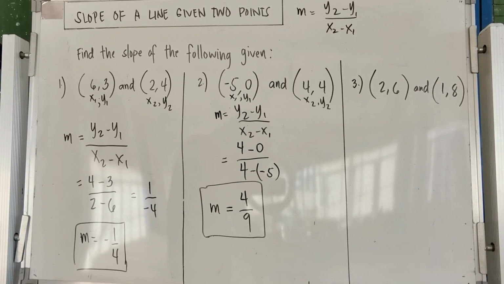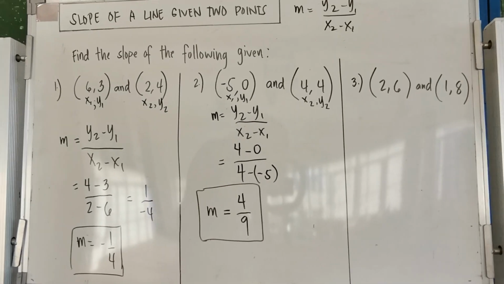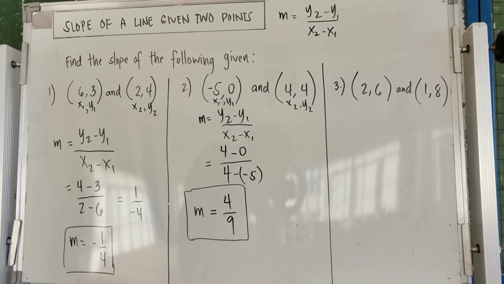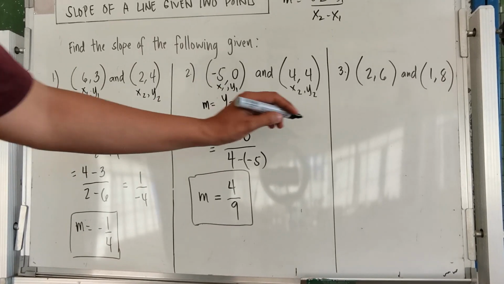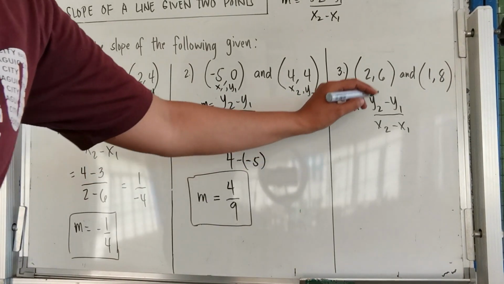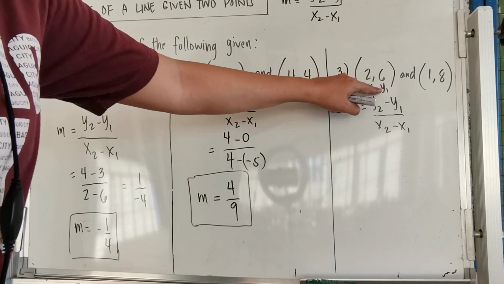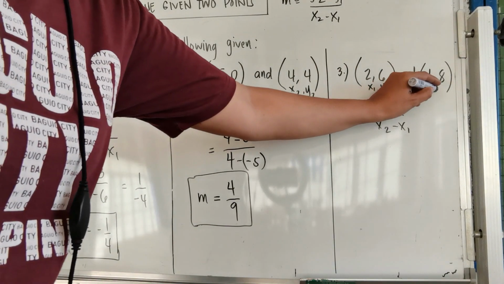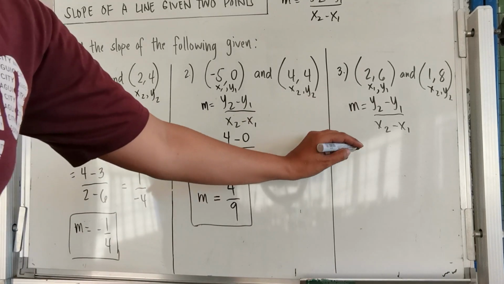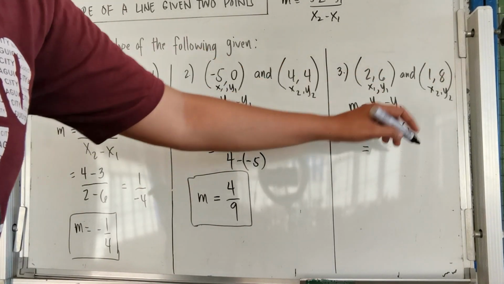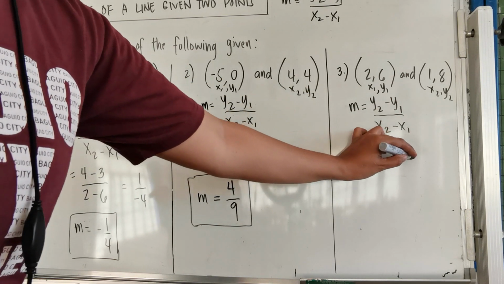Okay, for our number 3 example, we have 2, 6, and 1, 8. Okay, so we have the given formula. So we have x sub 1, y sub 1. And napapansin nyo, paulit-ulit lang. Then x sub 2, y sub 2. So we have y sub 2 is 8 minus y sub 1 is 6.